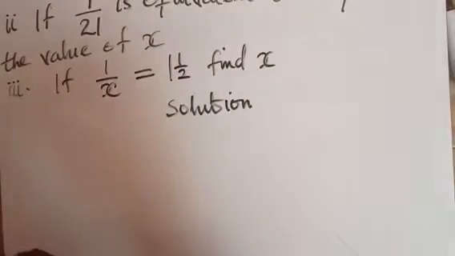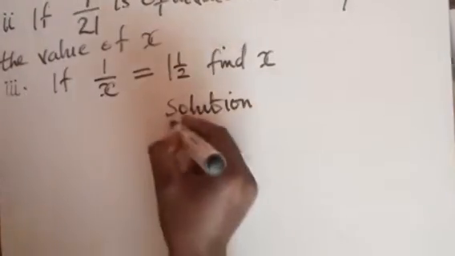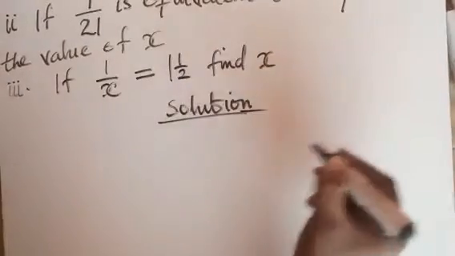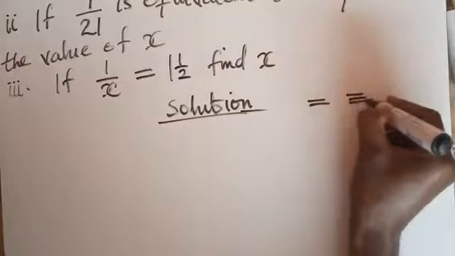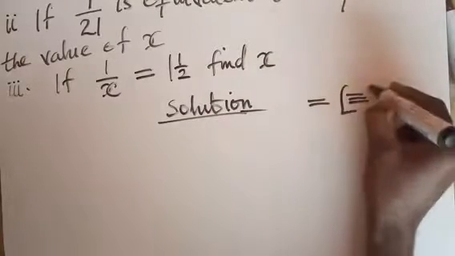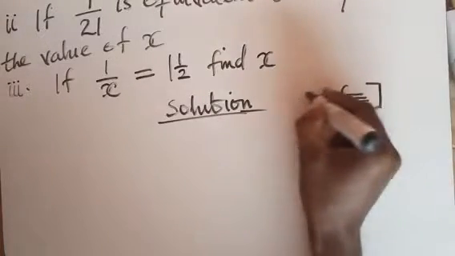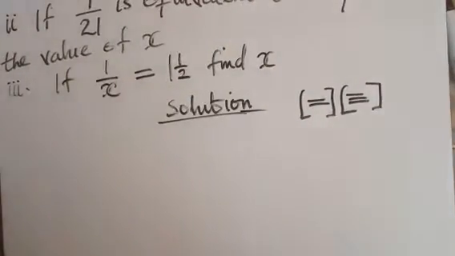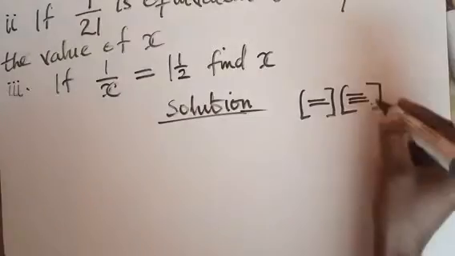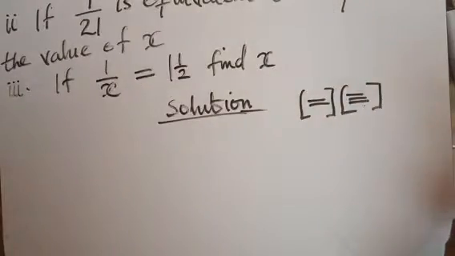Now the term equivalency sign. The equivalency sign is the same as equals to. That's the equivalency sign, and it is the same as what? Equal to sign. So when you hear equivalent, it means that it is equals to. So you can either use the one sign or the other, and both mean the same.